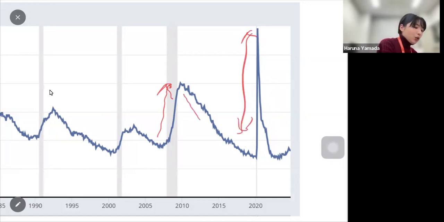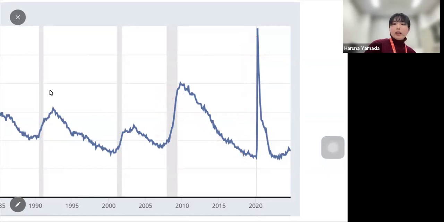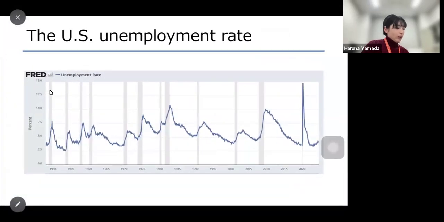But it took so much time to converge to the original level. So this is the difference in effect between COVID-19 and the global financial crisis. Okay, so this is the US unemployment rate.